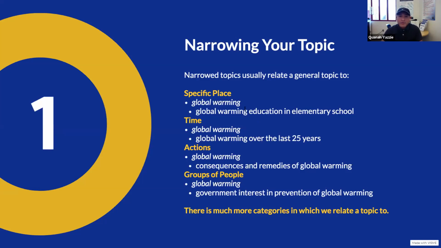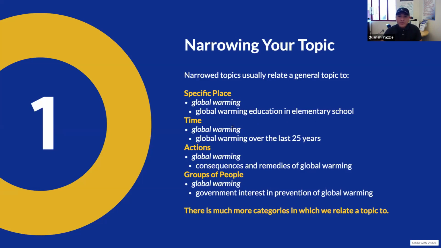And here's an example with global warming, right? We have global warming as a very broad topic, and it could mean anything that we want it to mean. If we add a specific place identifier to it, we begin to narrow our topic a little more. So global warming education in elementary school. Elementary school is the location, the place where we want to focus global warming.